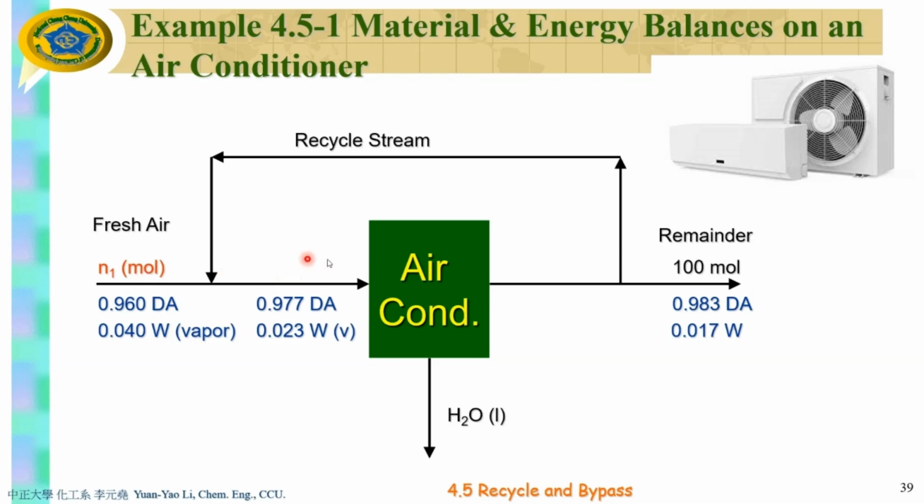And of course, for this joint stream here, you have N2, with fractions 97.7% dry air and 2.3% water. This air goes into the air conditioner and comes out with water. Water is in liquid form, so you have N3.